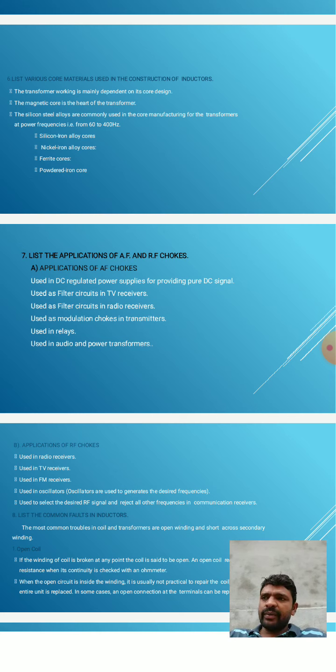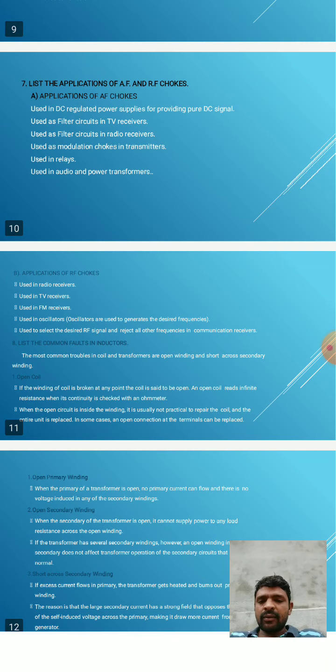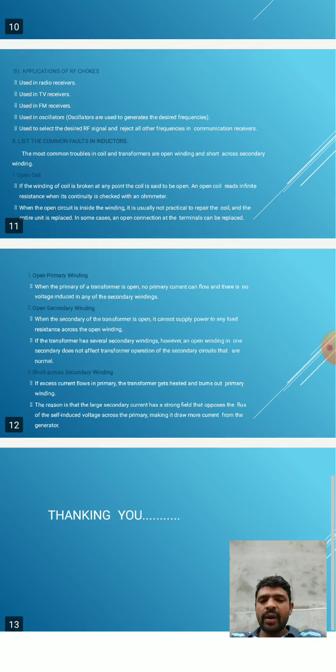Different types of materials used in inductors. Inductors are made with different core materials: iron, silicon iron alloys, iron ferrite core, nickel iron alloy, and powdered iron. These are the different core materials. Common faults are open coil, open primary winding and secondary winding, and short across the secondary winding.